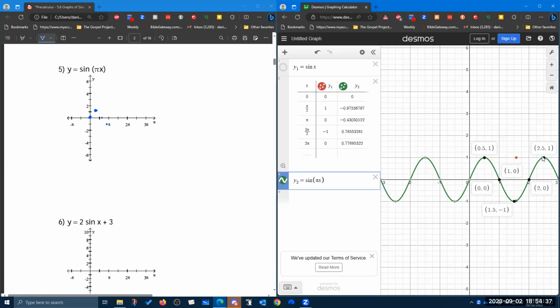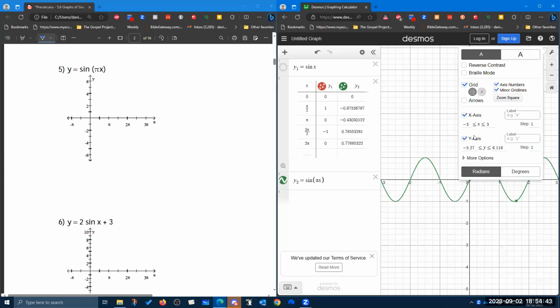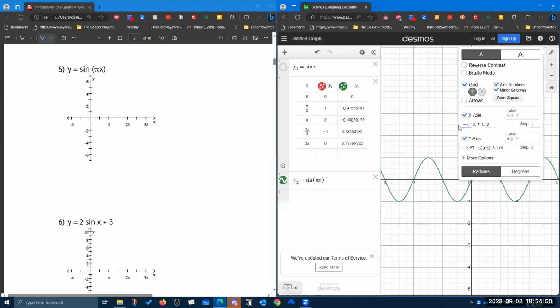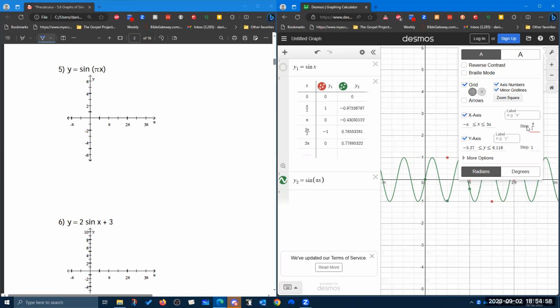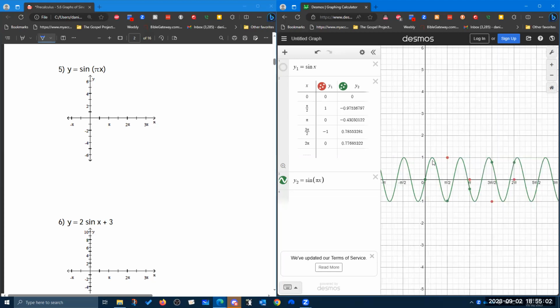So very hard to actually graph that in terms of pi, but let me change this so that you can see what that would look like. If I go from -pi to 3 pi and go in steps of pi over 2, then you can see where this would be.